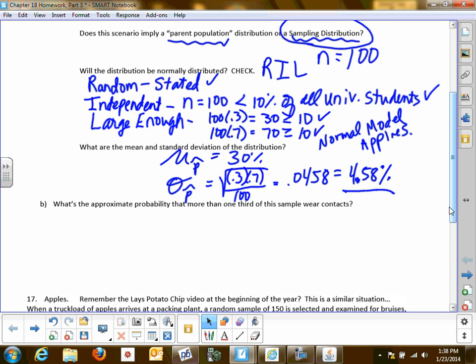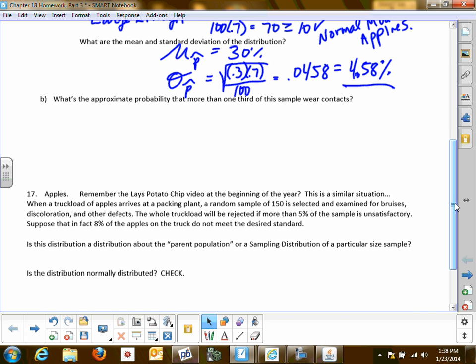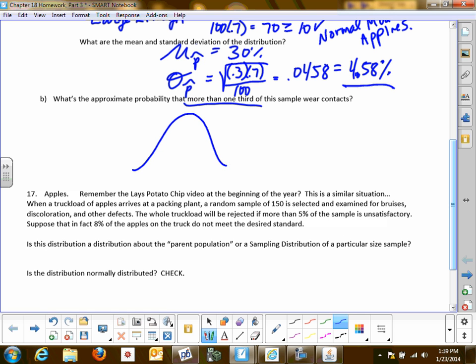So with this one, it asks what's the probability that more than 1/3 of this sample is going to wear contacts? My distribution filled with samples of 100 is centered at 30%. And how do I do more than 1/3? What's that line? 33.3 percent repeating.